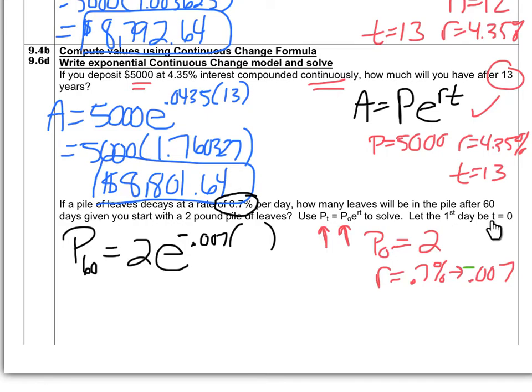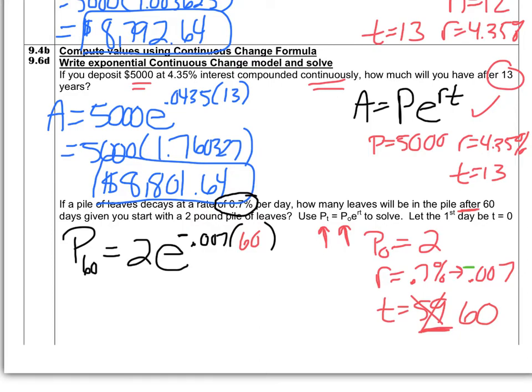The first day is T of 0. So the 60th day on this one would have to be T of 59. However, we want to know after 60 days. So this represents on 60 days. So after 60 days means we would have to adjust this to be the number 60. So let's go ahead and put 60 into here.